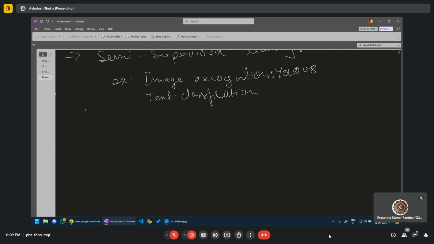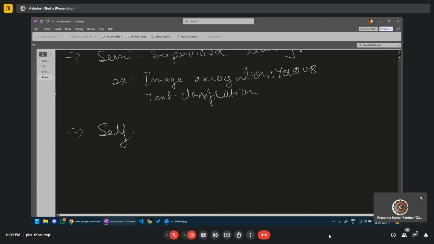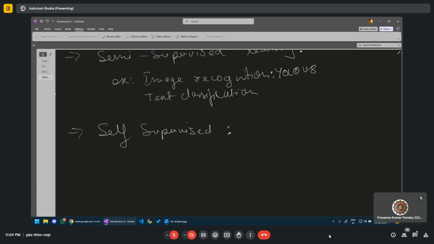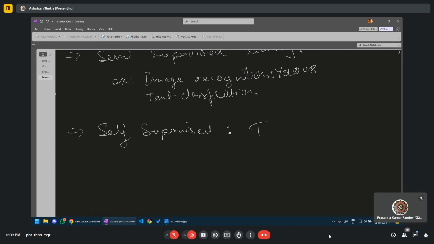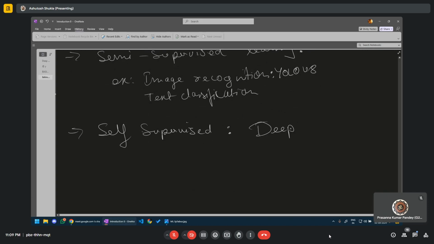Self-supervised. Over here, we just set up a target. Sorry about that. Primarily in self-supervised learning, we have deep learning models.